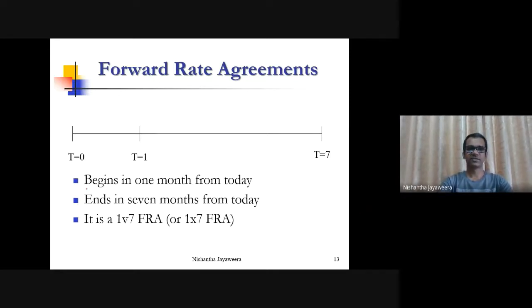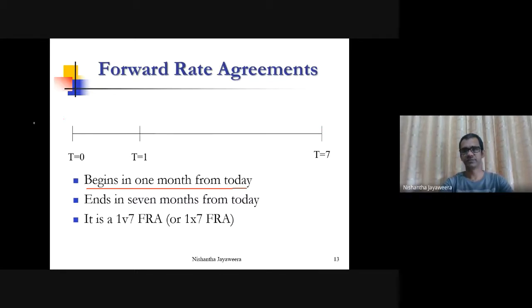So remember, the FRA period begins in 1 month from today. T equals 0, T equals 1, T equals 7. So the FRA period begins here. But the forward rate agreement ends in 7 months from today. So the total period is 7 months.